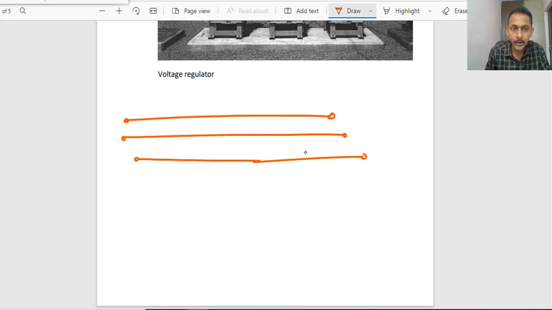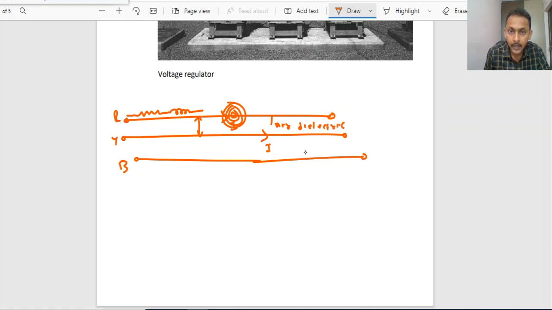For example, 3 conductors, with some spacing between R, Y, B, and the line itself is going to have some resistance, and because of the high magnitude of current flowing, some flux will be established, and because of this flux some inductance effects will be there. If you observe, this is a current carrying conductor and this is also a current carrying conductor. In between these two conductors, air is there, which acts like a dielectric insulator. Now indirectly it is acting like a capacitor.